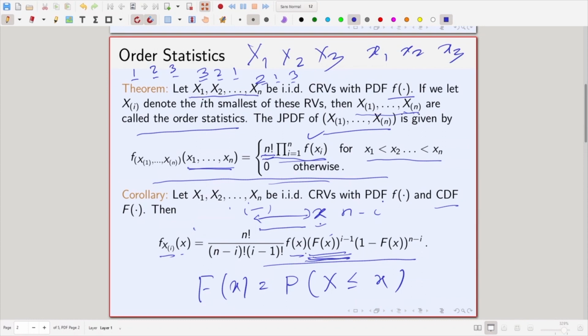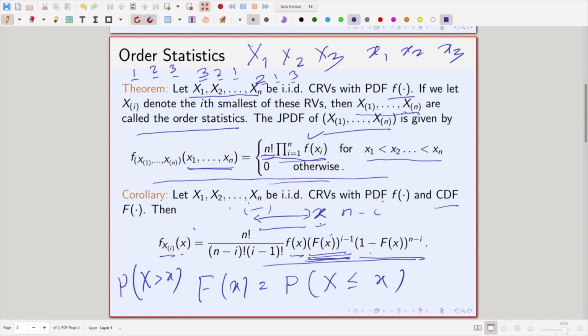Again, because of independent and identically distributed, it goes to the power, and n minus i should be greater than that, that is 1 minus F(x), because 1 minus F(x) is the probability that X is greater than x. So n minus i things should be greater than x.